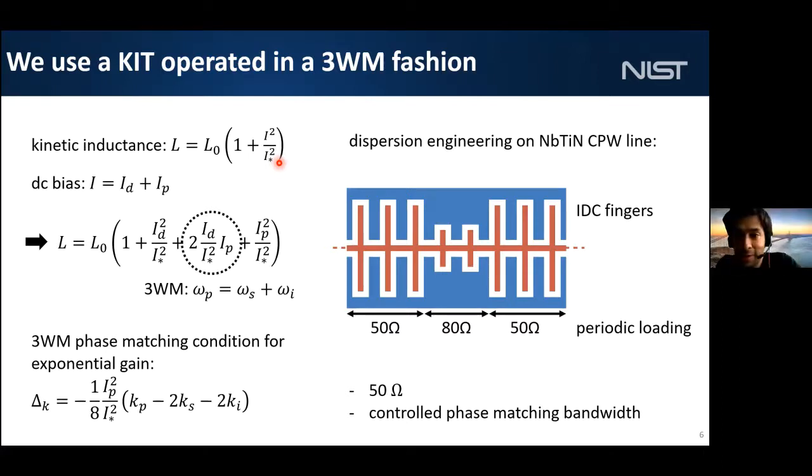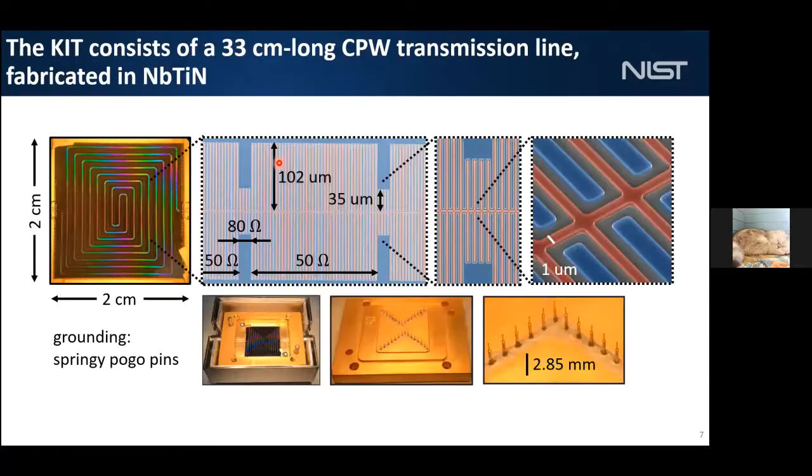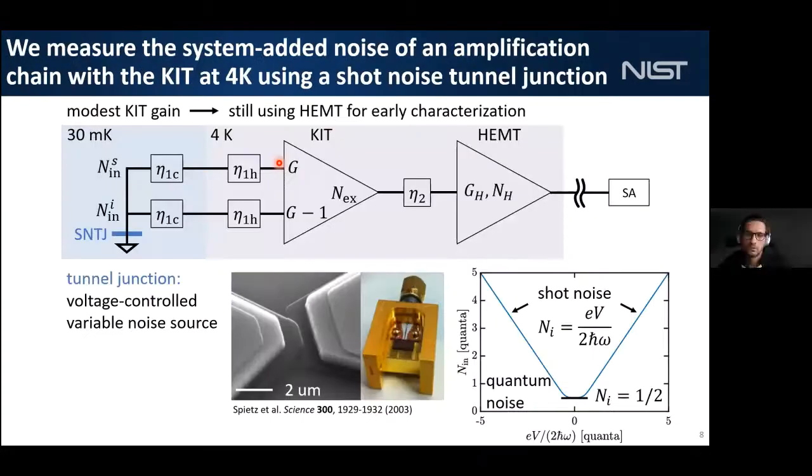I would like to ask Kiming Chen to ask the next question. Hello, thanks for the nice talk. One point I didn't understand. In the diagram, you have a signal, you have an idler at 30 millikelvin or something. But when your KIT is operated at 4K, the idler should be dominated by the black body radiation at 4K, right? So this amplifier is not quantum limited anymore.